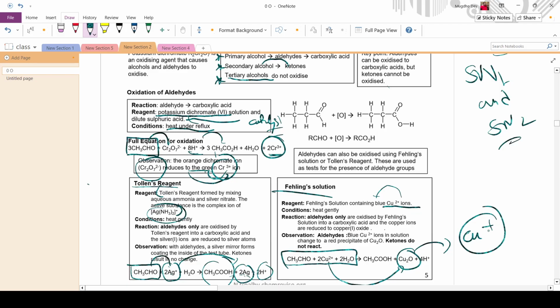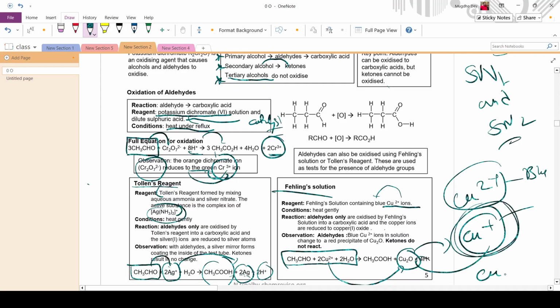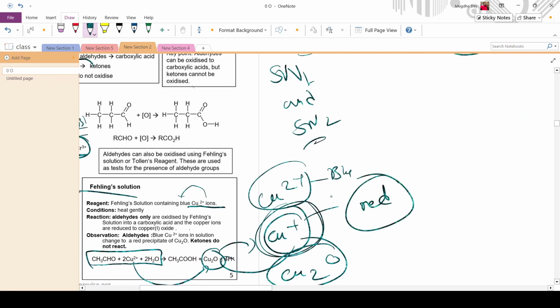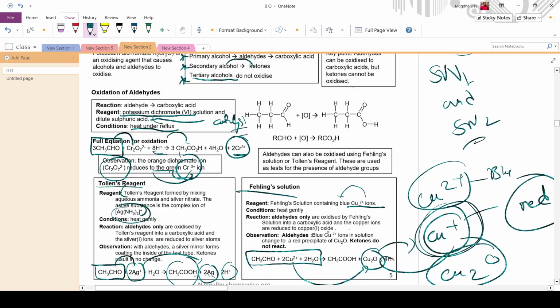Now we also know that Cu+ is a different color, and Cu2+ is a different color. This is blue in color. Since Cu+ is produced here, did you understand? This is red in color, and that is the reason why we see the blue solution changing to a red precipitate. The Cu+ is found in the solid form. That's why it's a precipitate.